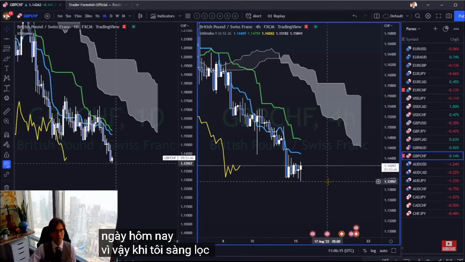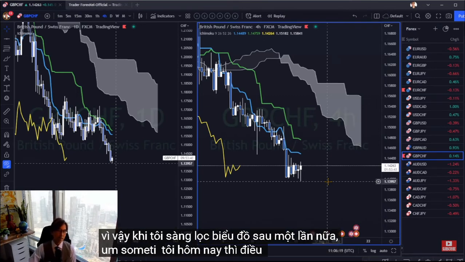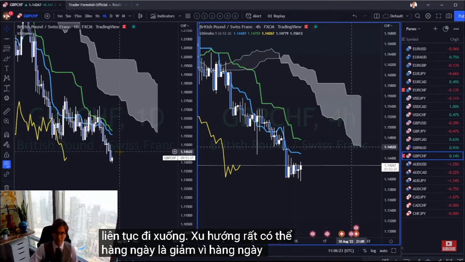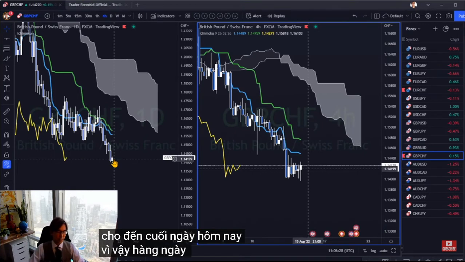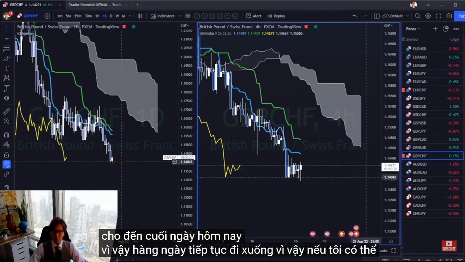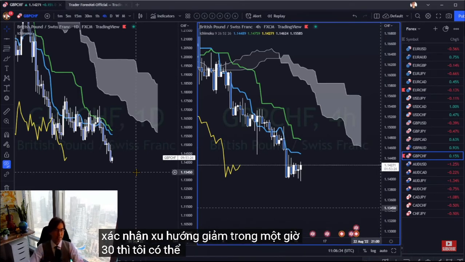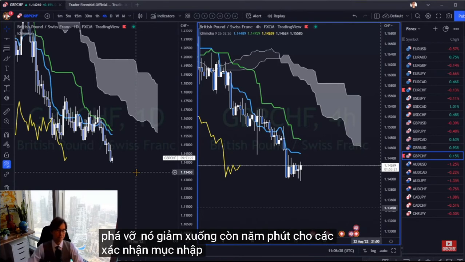So when I screen charts again later today, then this might be continuously downtrending. Most likely daily is down because daily won't close until the end of today. So daily continues to be down. So if I can confirm the downtrend in either 1 hour or 30, then I can take it and break it down to the 5-minute for the entry confirmations.